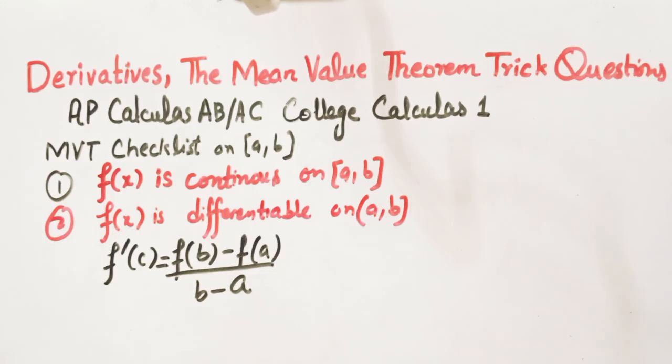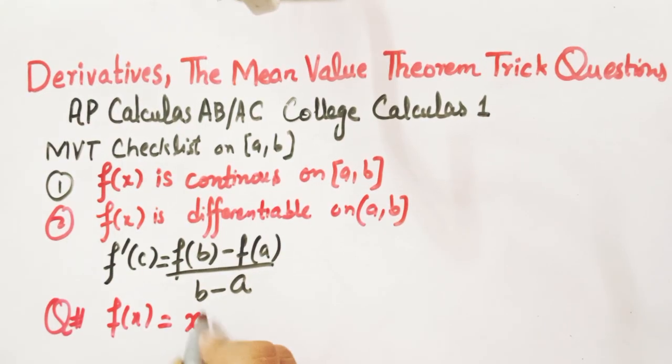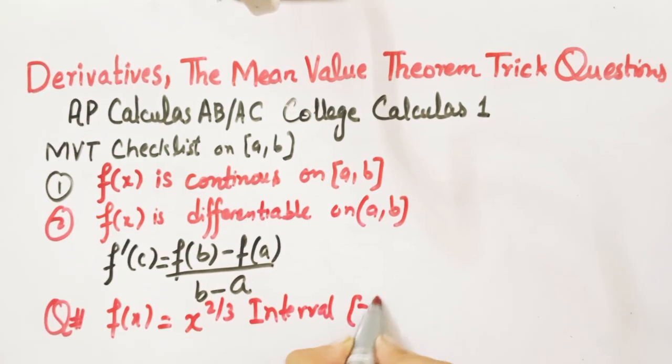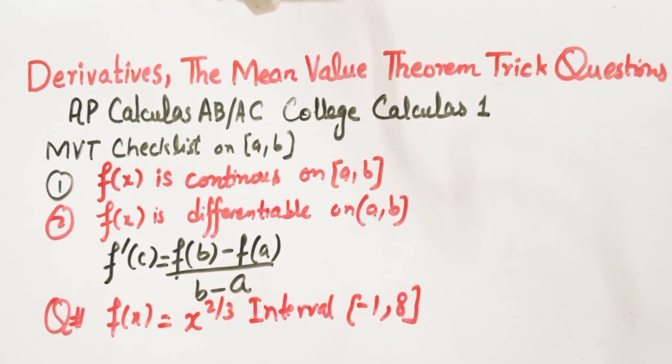Let's look at the classic test problem. Write down the function and interval. We have f of x equals x raised to the power 2/3, and the interval is from minus 1 to 8.